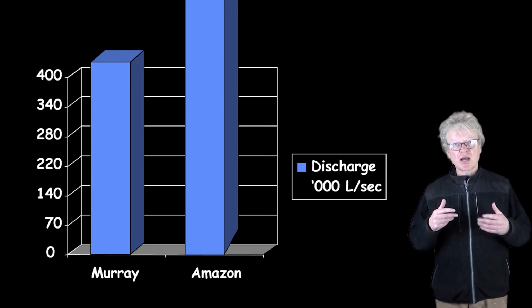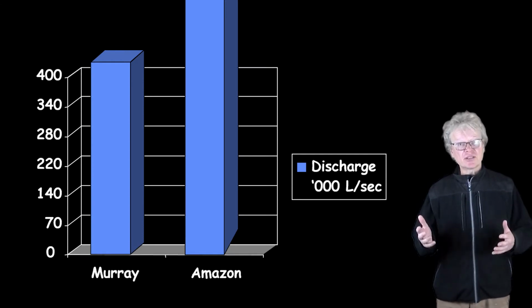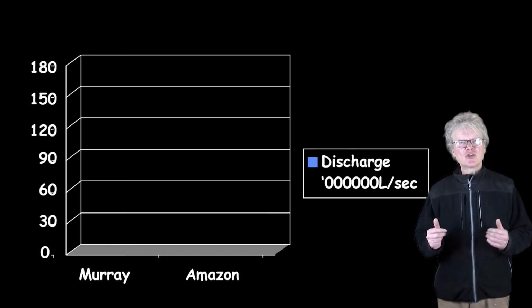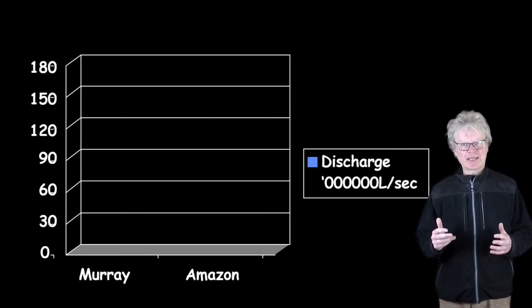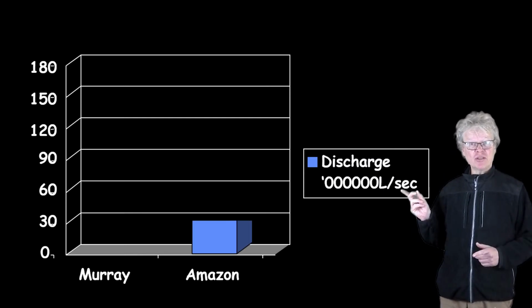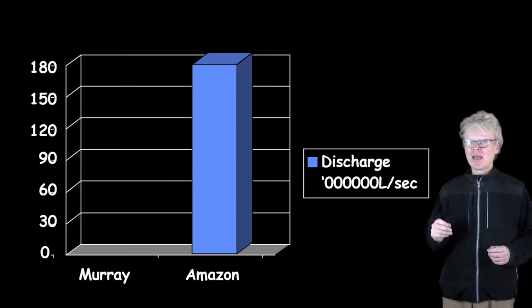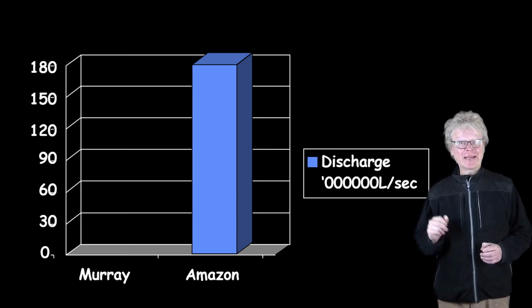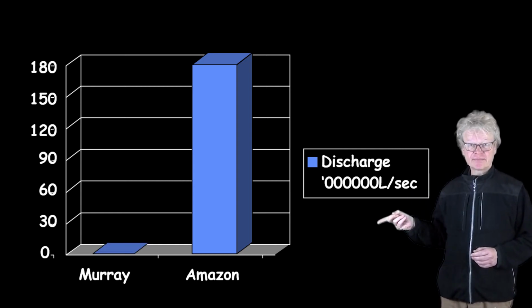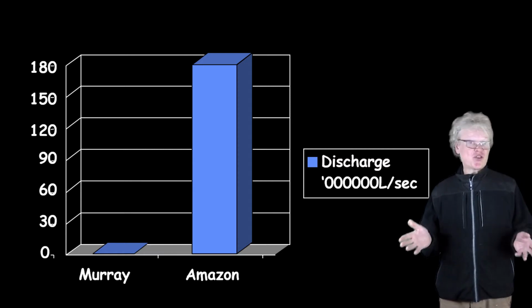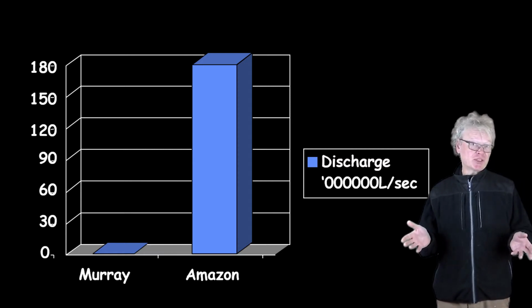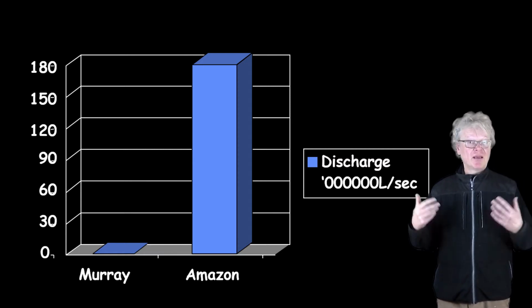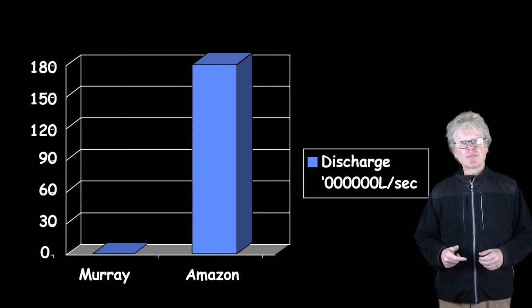Let's change the scale from 1,000 litres per second to million litres per second. Let's put the Amazon on, and let's put our piddling little Murray on. And you can see there the relationship between our major river and, admittedly, the largest river on the planet.